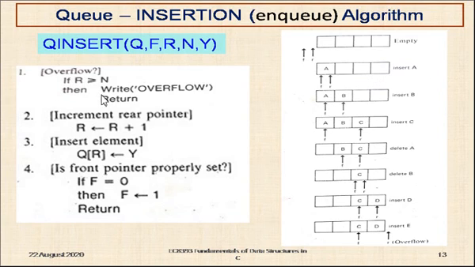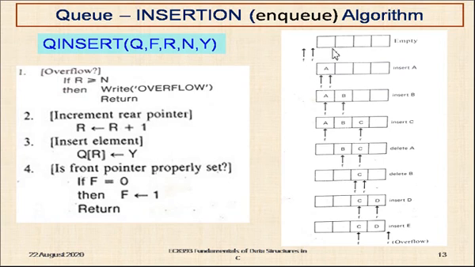Okay. So now let us go through the steps one by one. As in the previous case, before insertion we have to check the overflow condition, whether the queue is full or not. If the queue is full, then we cannot insert the data into it. That is what is checked first. Here you look at this, two pointers are there, front and rear.